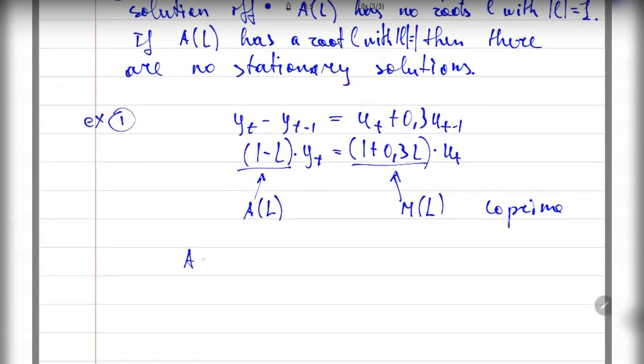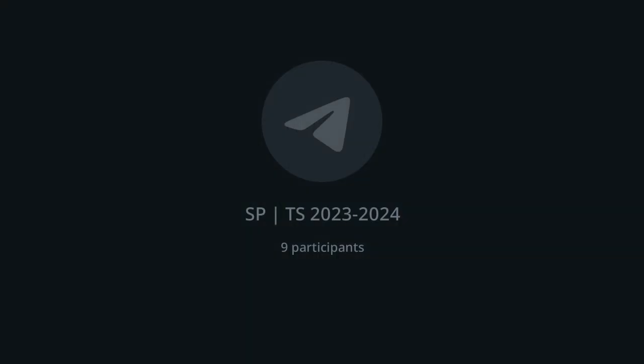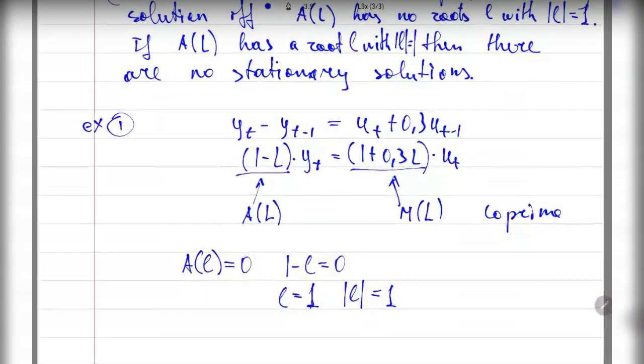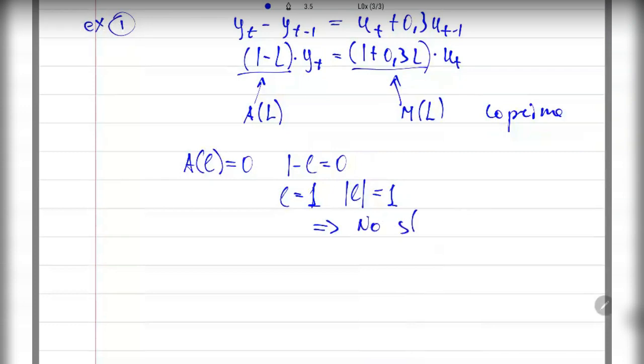If I solve A of L equal to 0, if I find the roots of the left-hand side polynomial, 1 minus L equals 0, L equals 1, the absolute value of L is obviously equal to 1. Yeah, that's okay? So according to this theorem, how many stationary solutions do we have in this case? No stationary solution. We have infinitely many solutions, but no stationary solutions. Okay. So conclusion: no stationary solution.